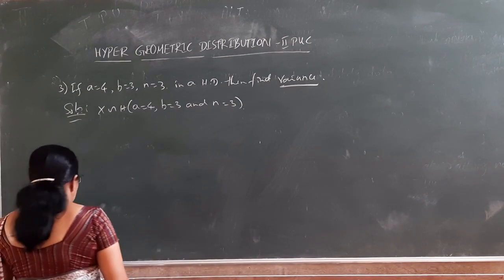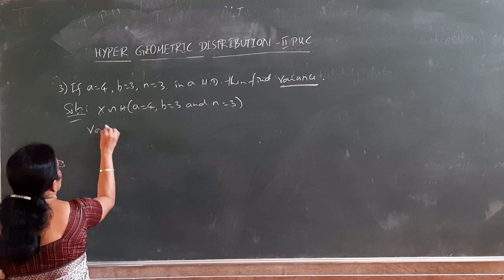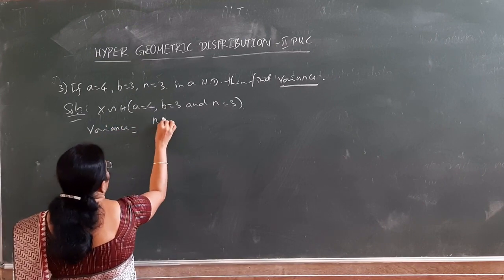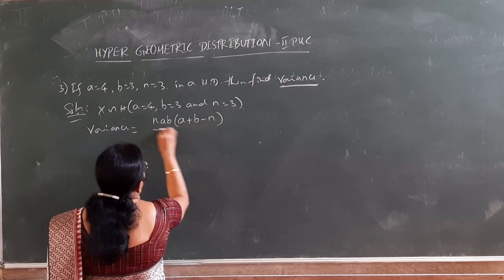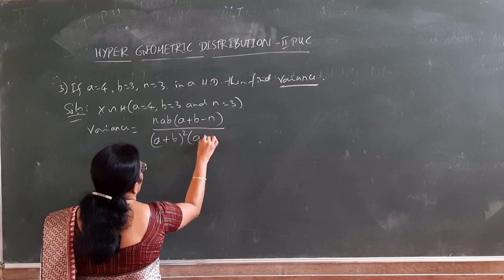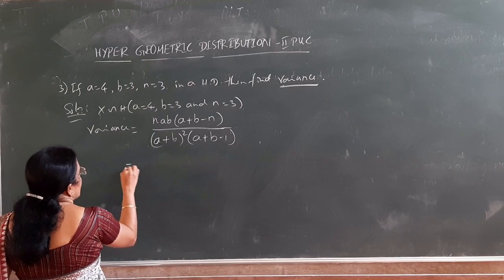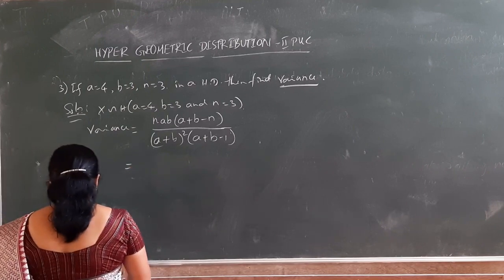Next, the formula for variance. Variance is equal to nAB into (A plus B minus n) divided by (A plus B) whole square into (A plus B minus 1). This is the formula for a variance. Now substitute the values one by one.